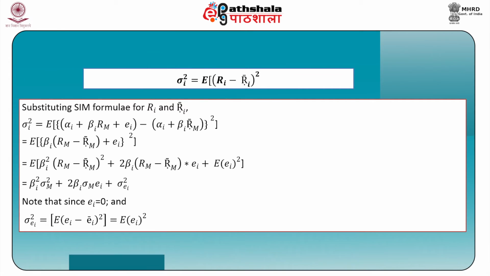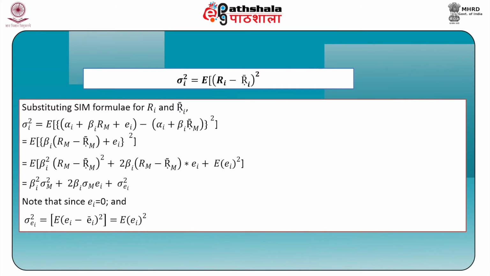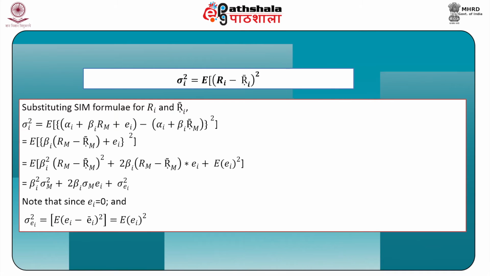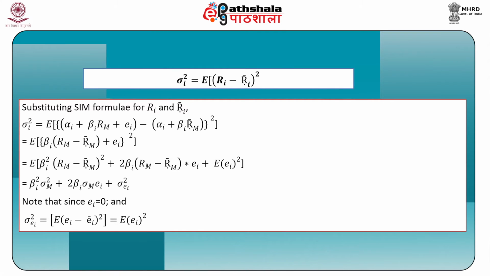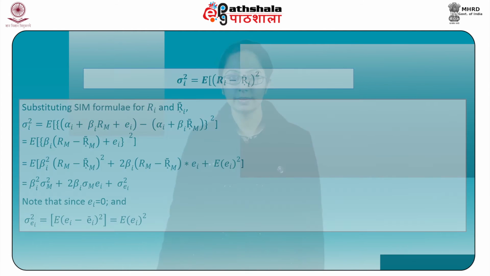Note that since the expected value of ei is equal to 0, sigma ei square is equal to capital E into ei minus ei bar, whole square, which is equal to capital E into ei whole square.